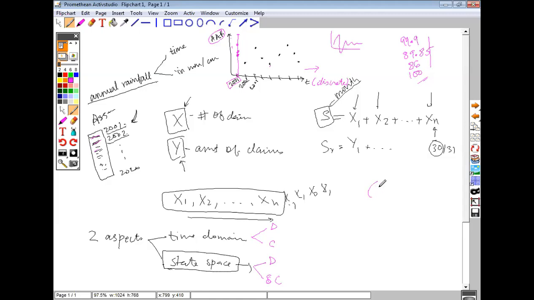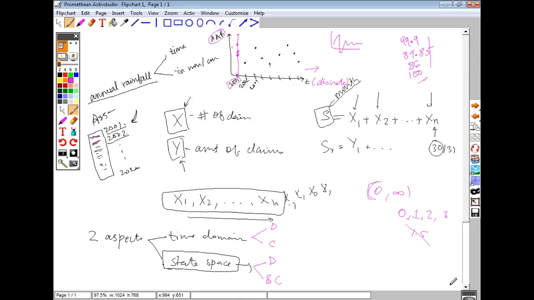It spans from 0 till infinity, and it will only take integer values like 0, 1, 2, 3, and so on. 1.5 claims doesn't make any sense. So the number of claims follows a discrete distribution. Sometimes we say it's Poisson, sometimes negative binomial or geometric.